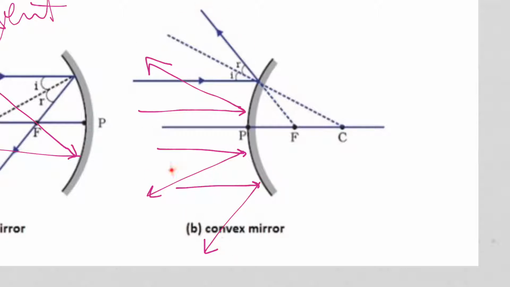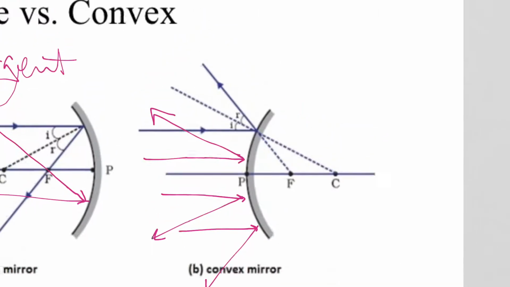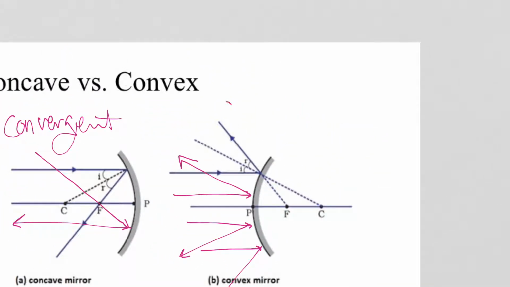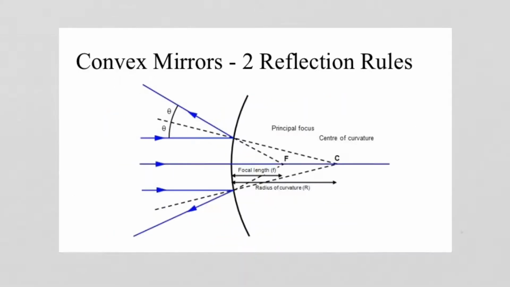They will not converge on this side of the mirror. They are diverging from each other. They will never meet on this side of the mirror. They will only meet in terms of their lines of sight behind the mirror, very similar to a plane mirror. So these are considered divergent mirrors because the rays of light diverge from them.